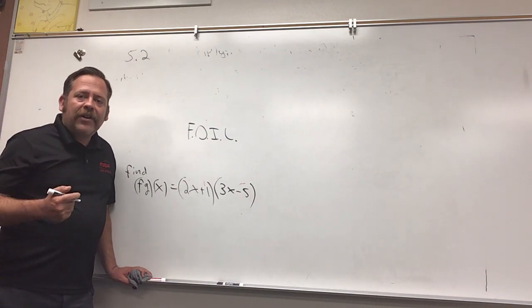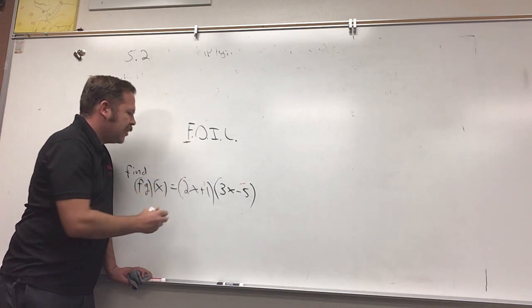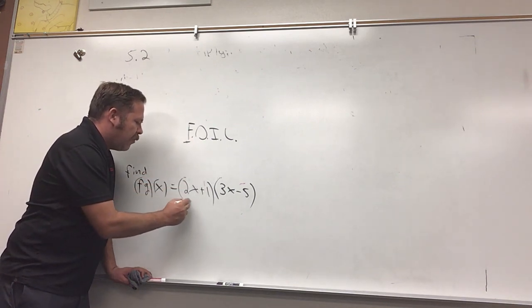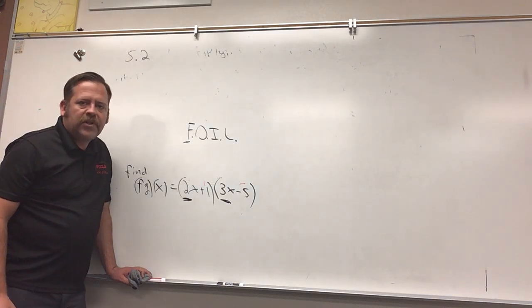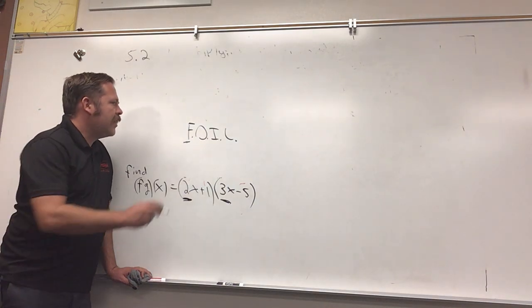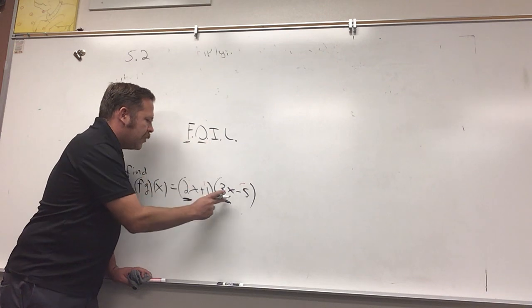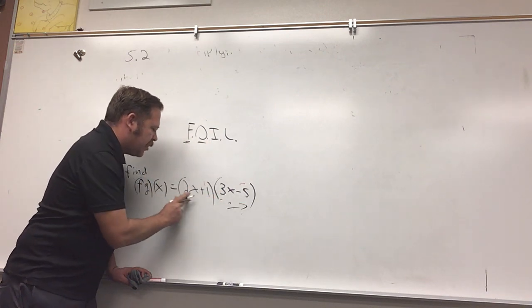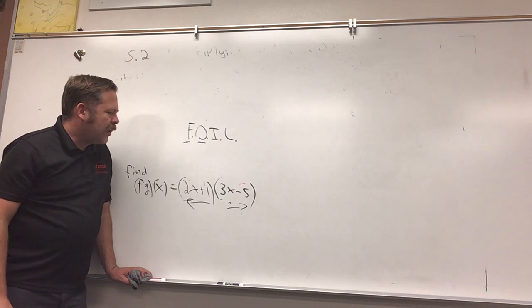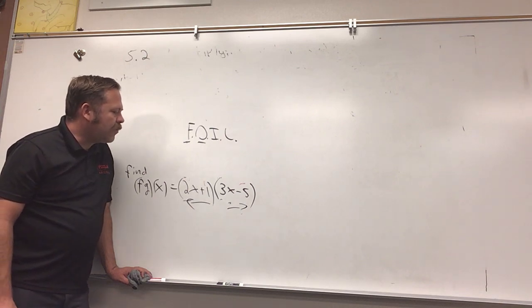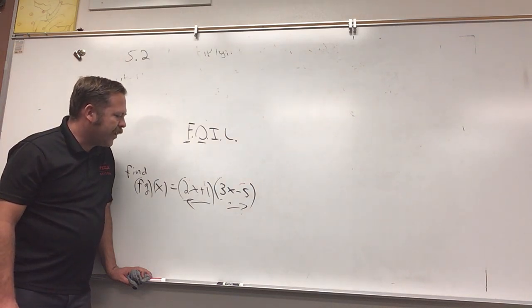FOIL is an acronym. It stands for first. So it's to help you say, well, these two are the first terms. We multiply the first terms first. And then outer. So then you look at the outer terms, which are 2x and negative 5. And then you would multiply the outer terms, right?